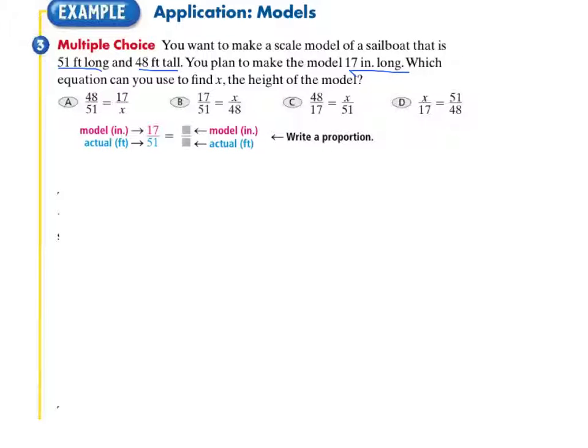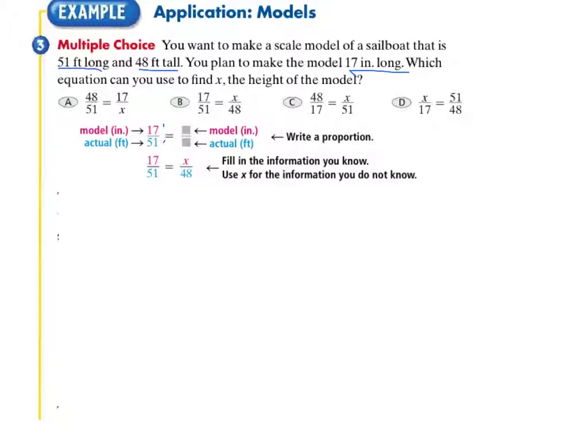Well, first we're going to take the information we were given. So the model length is 17 and the actual length is 51. Then the model height in inches is what we don't know, and then the actual height in feet is 48.